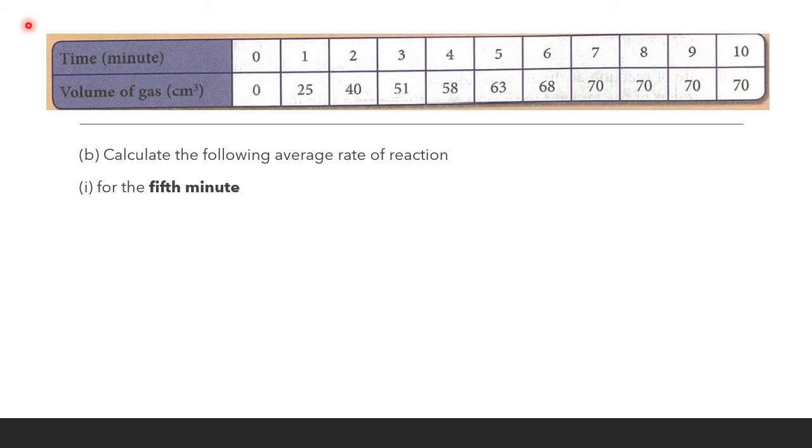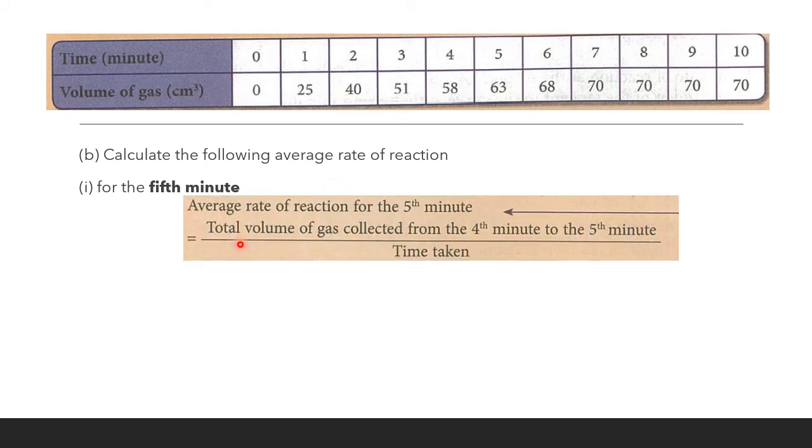Question, calculate the average rate of reaction for the 5th minute. So average rate of reaction for the 5th minute yang ni lah minit ke-5. So kalau dia kata 5th minute, maksudnya minit ke-5 tolak minit yang ke-4. So the formula that we will use is total volume of the gas collected divided by time taken.